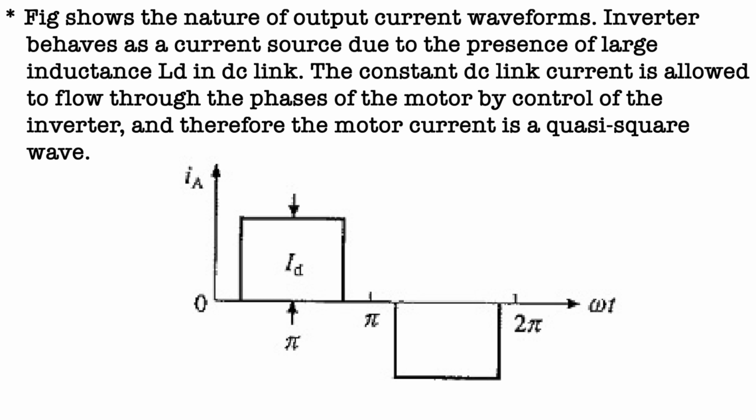The inverter behaves as a current source due to the presence of large inductance LD in the DC link. Current is allowed to flow through the phases of the motor by control of the inverter, and therefore motor current is a quasi-square current waveform.